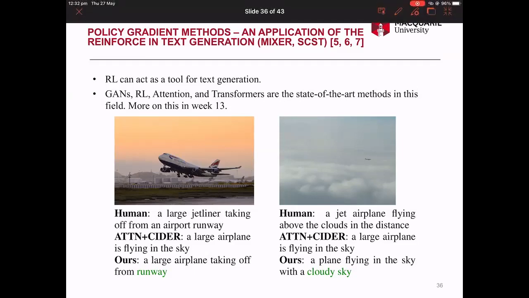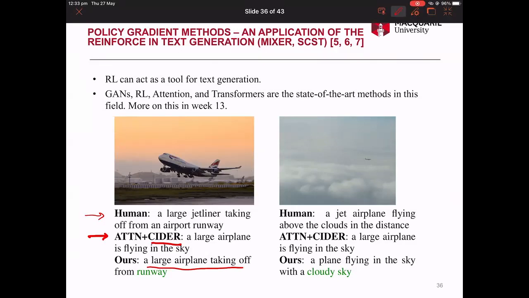So you can see that this is the generated caption by a human, and this is something that was generated by an attention network RNN with CIDEr feedback. I'll talk about CIDEr and other NLP metrics in a few minutes, and this is from the paper that I'm borrowing this image from.